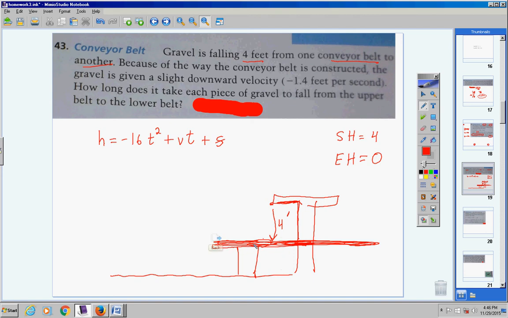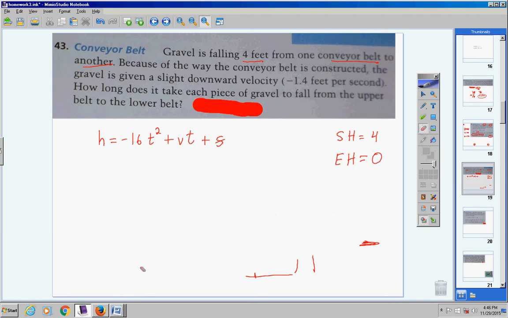So we have a starting height of 4 and an ending height of 0. Alright, so here we go. Ending height, 0. Velocity, now remember, downward velocity is negative, so negative 1.4. And then my initial height is 4.